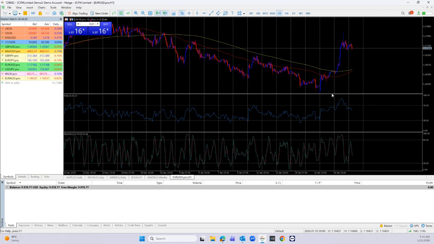Look at it this way: the price was at this particular level, and by the time these indicators are confirming, if you're using pure price action, here is an entry. Here is an entry because we have a BOS here, the price dropped, then the price comes back again to this level.